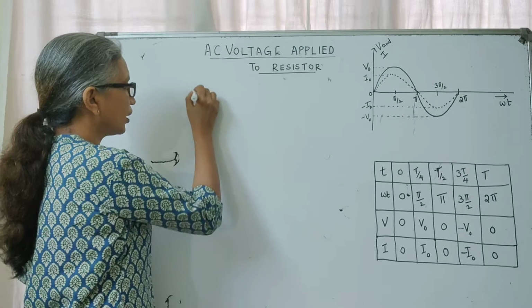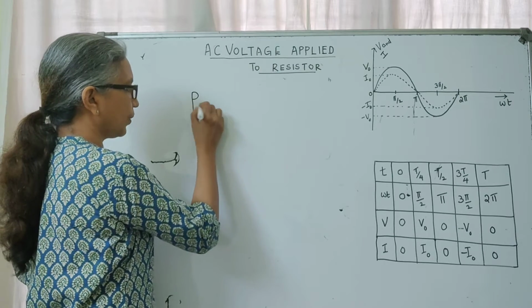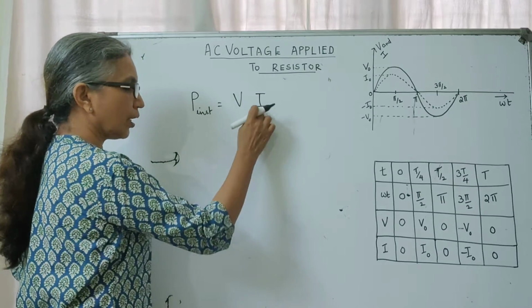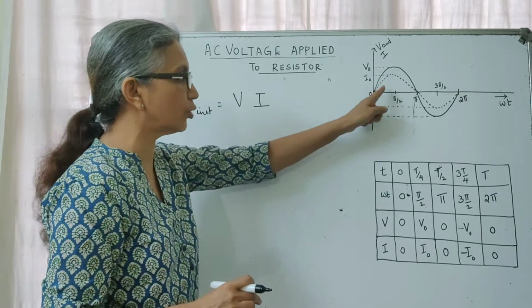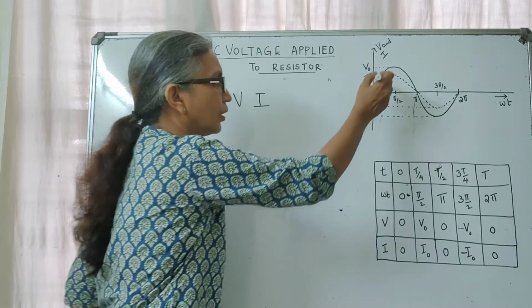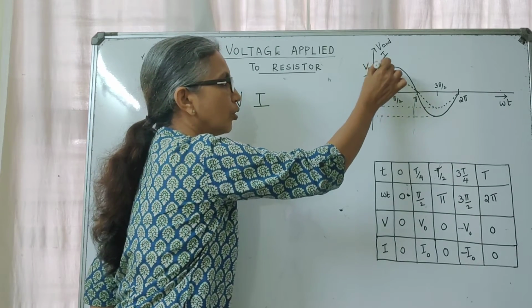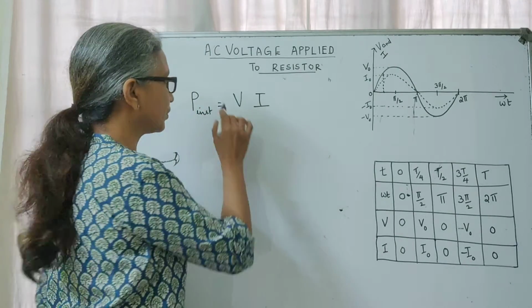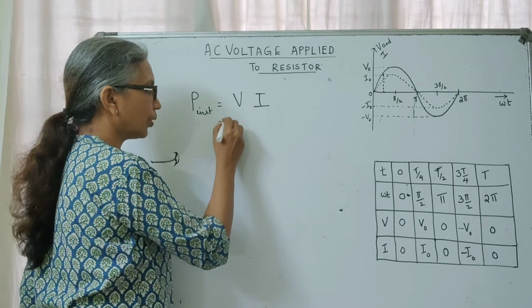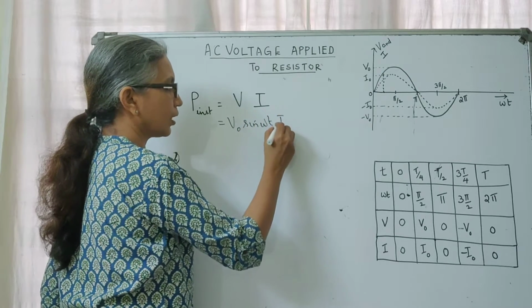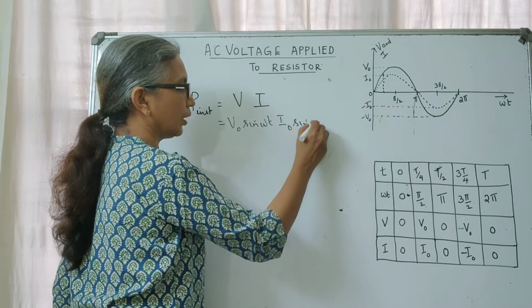So if I'm going to write an expression for the instantaneous power, that will be V into I, where both V and I are the instantaneous values of voltage and current at any instant. For example, if I'm talking about this instant here, the instantaneous value of voltage and current, which I represent as V and I, is V0 sine omega t, and this is I0 sine omega t.